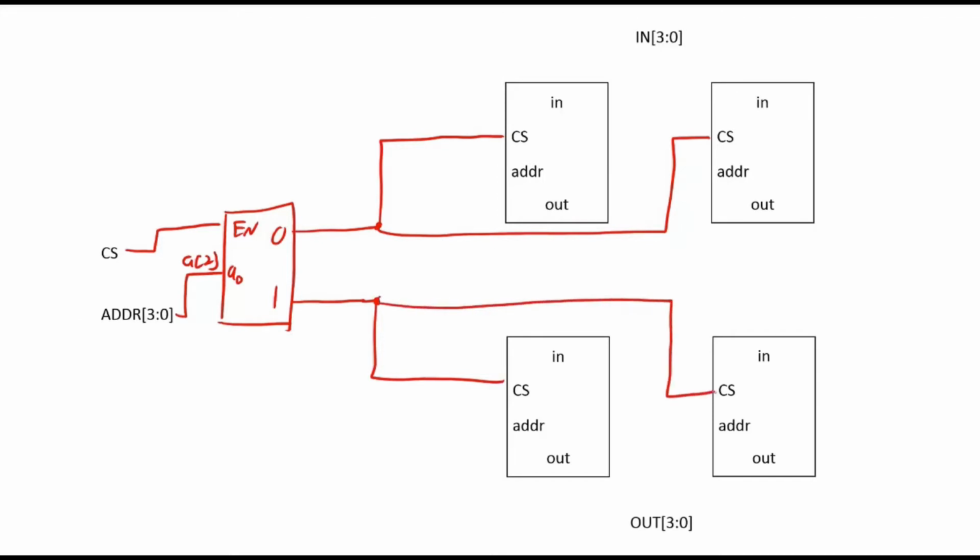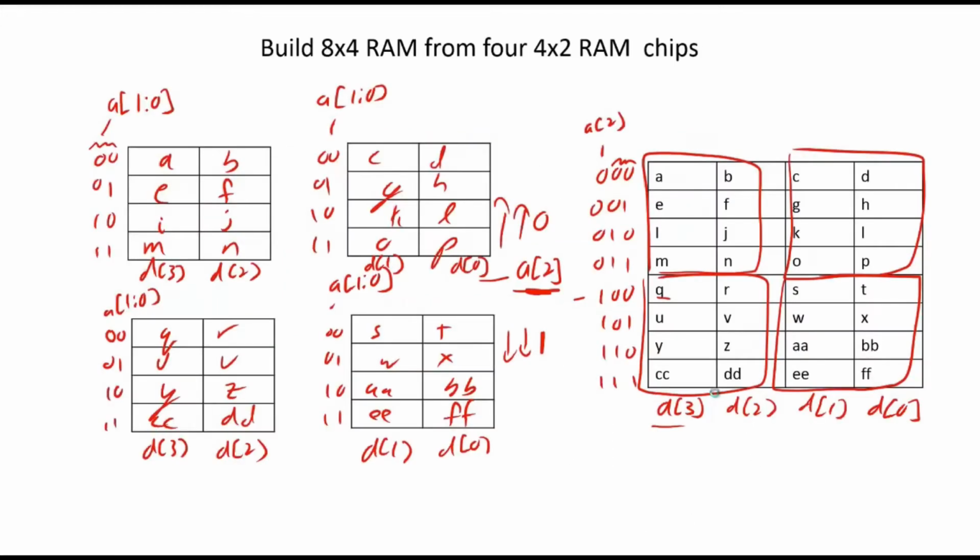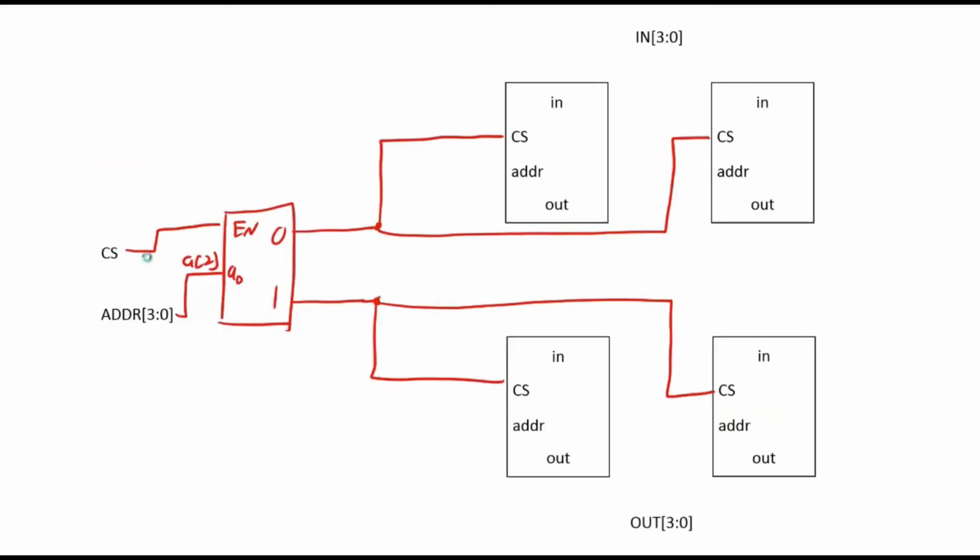And now, as we saw earlier, I'm going to use address bits 1 down to 0 to select the addresses in my 4x2. So I send A1 down to 0 into my address bits on each of the four chips.